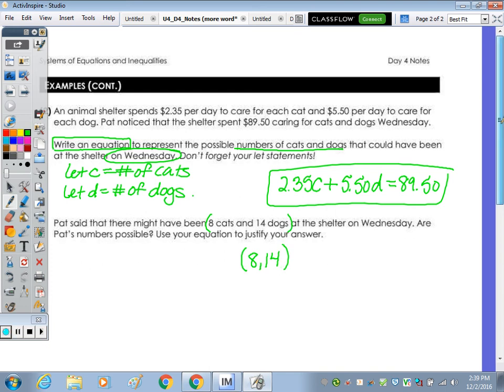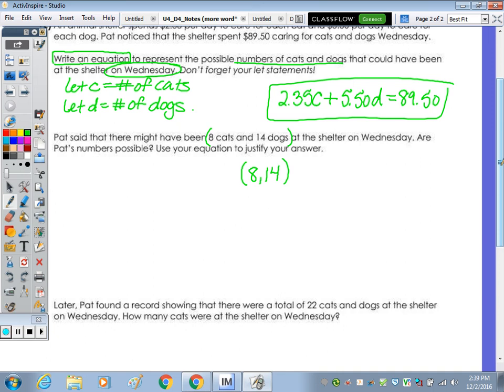How do you determine whether a point is a solution to an equation or if this actually makes sense for this problem? Sarah? Plug it in. So is 2.35 times 8 plus 5.50 times 14, does that give you 89.50 is the question.